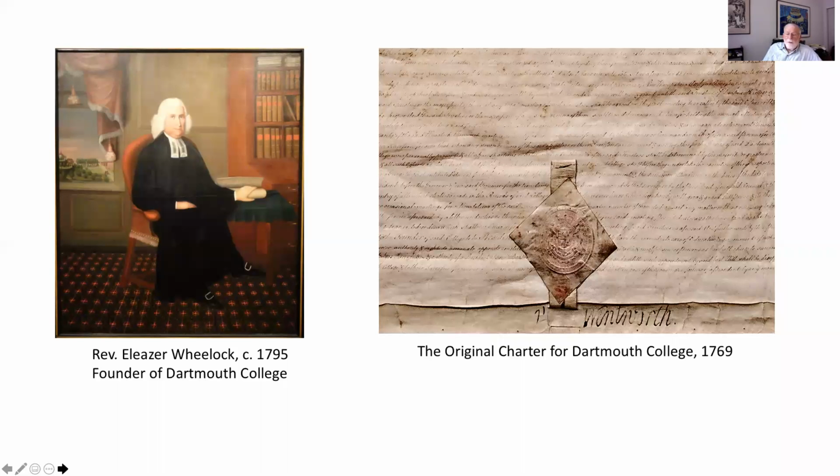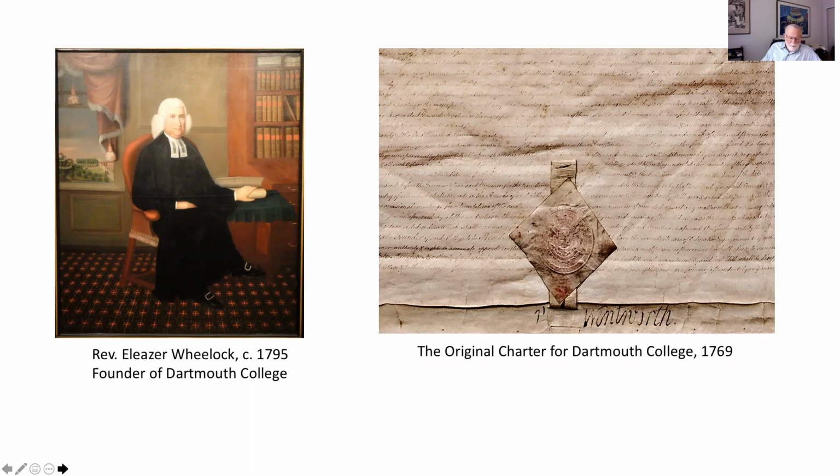Now, lawsuits always turn on underlying facts, and the case arose in the following circumstances. It was established in 1769 under a corporate charter as a, quote, body corporate by the New Hampshire Colonial Legislature that was approved by the Royal Governor of New Hampshire on behalf of King George III. The charter recited that the college's operations would be funded by private contributions.